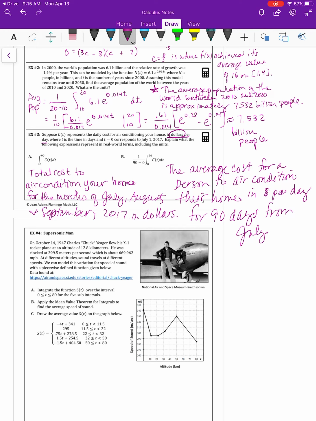So this gives us 0.75 divided by 2 times 32 squared plus 278.5 times 32. I'm going to put that whole thing in parentheses, minus, parenthesis, 0.75 divided by 2 times 22 squared plus 278.5 times 22.